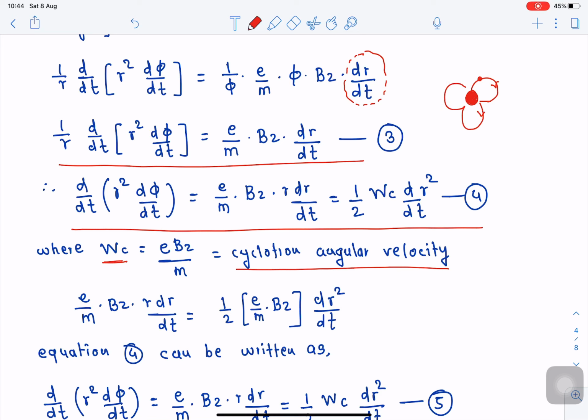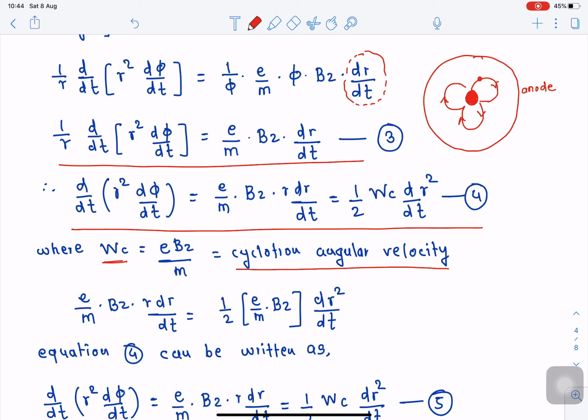So the electron continuously moves in the interaction region between the cathode and the surrounding anode in this way. This is the anode. This motion of the electron between anode and cathode we call cyclotron motion, and the frequency with which this motion takes place we call the cyclotron angular velocity.